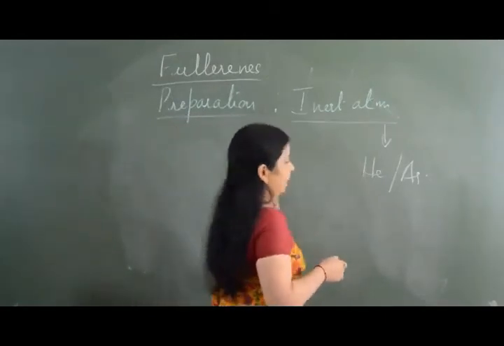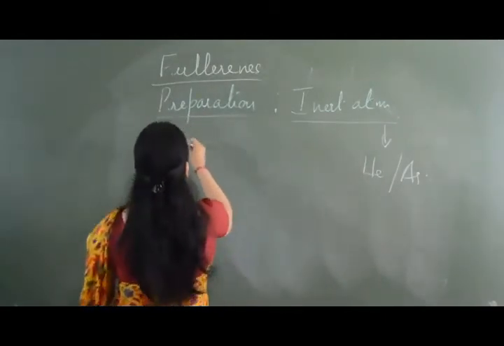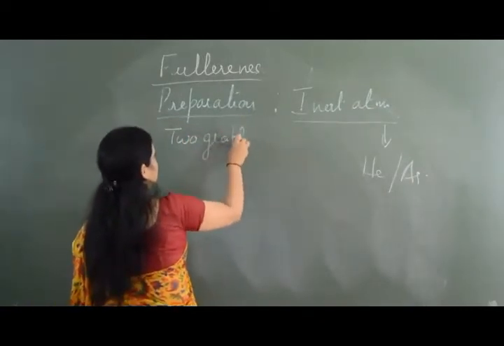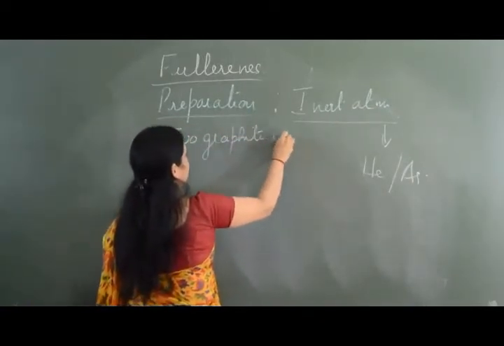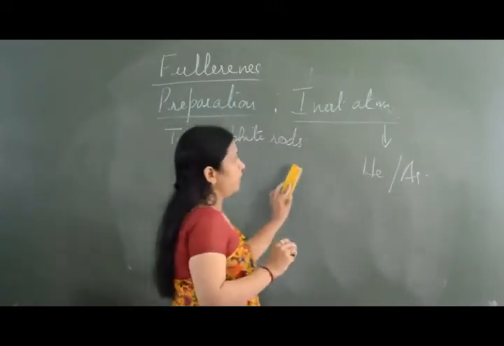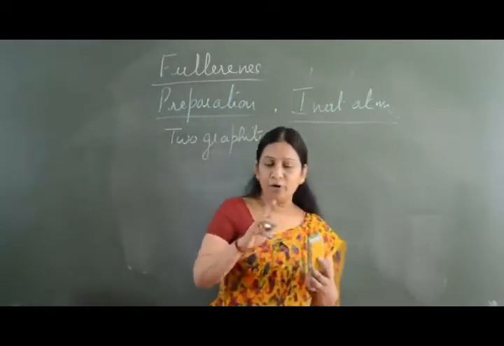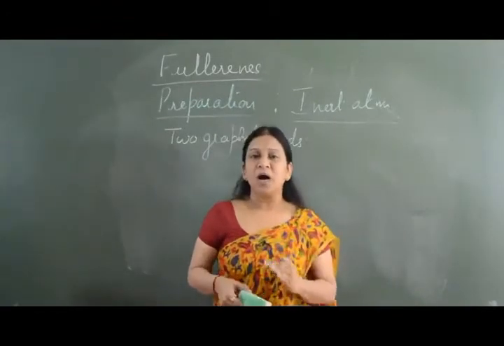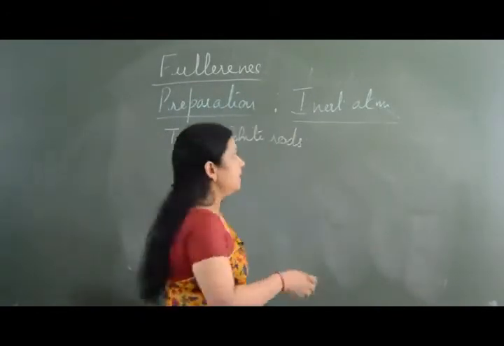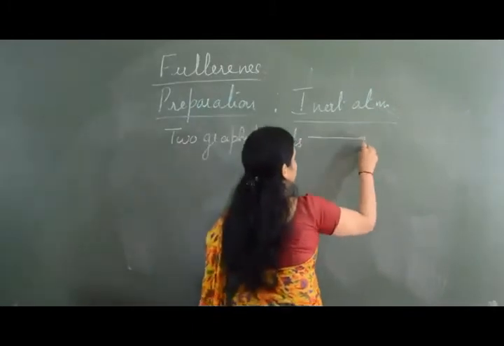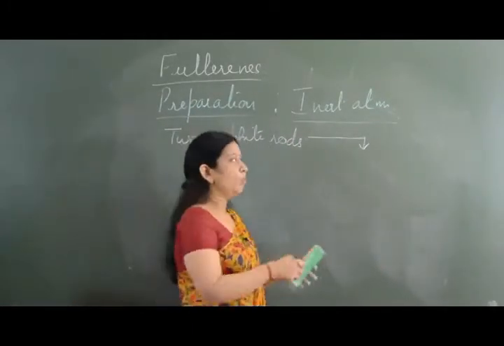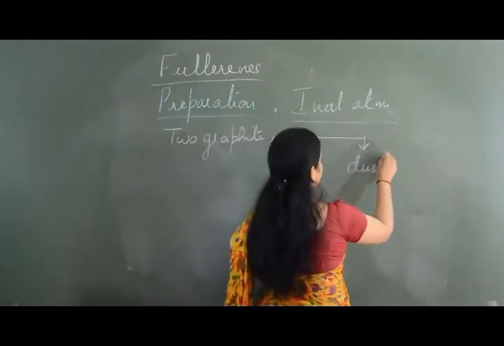So what we take here is two graphite rods. After taking the two graphite rods in an inert atmosphere, an electric spark is produced. As the electric spark is produced, the graphite rods evaporate in the form of dust.